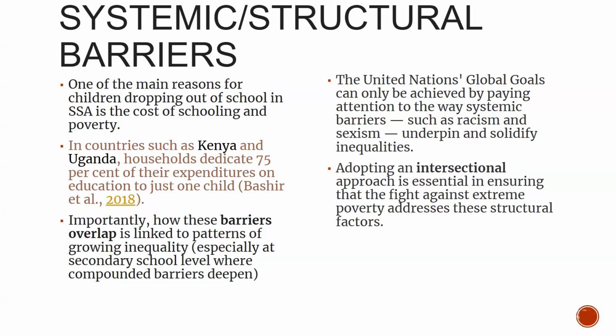So importantly, barriers overlap and they are linked to patterns of growing inequality. And at the moment, we know that this is especially at secondary school level where compounded barriers deepen.